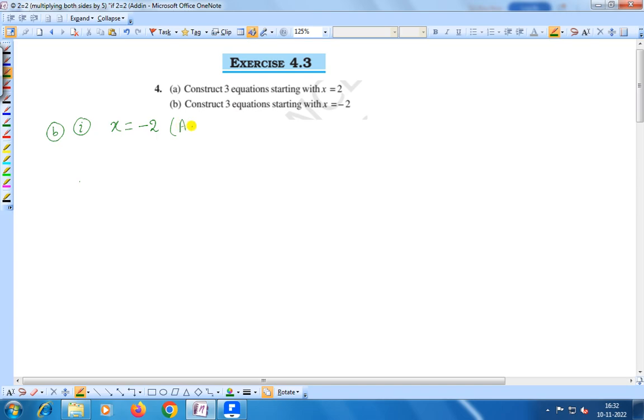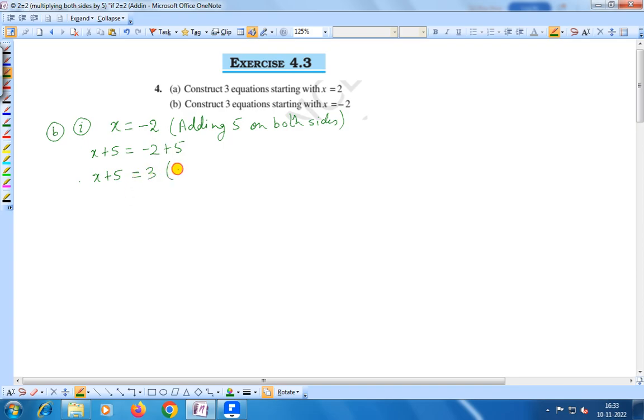Adding 5 on both sides, we get x plus 5 is equal to minus 2 plus 5, or x plus 5 is equal to 3.